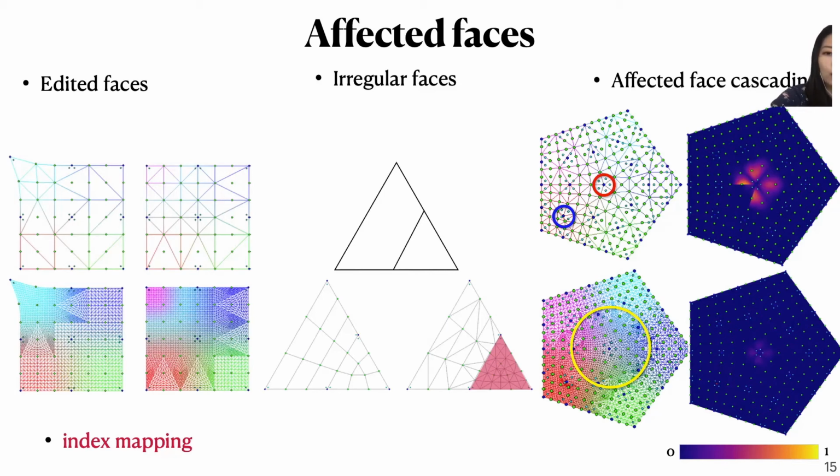Yellow means 1, blue means 0. So if you can see an obvious yellow area, then it means the artifacts are big. So in this case, we choose to subdivide all the neighboring irregular faces around this affected irregular face. This is called coinciding. After coinciding, the artifacts disappear.